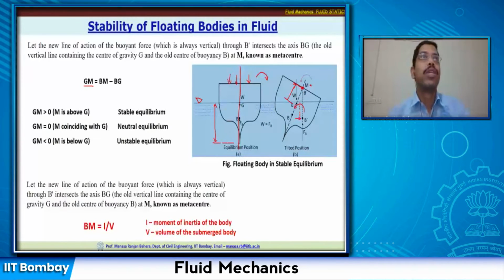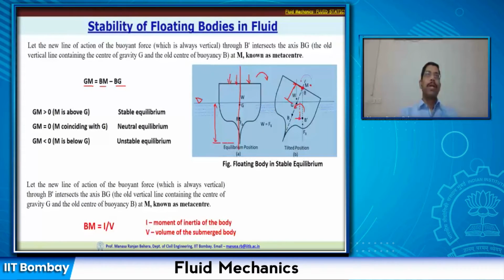Now, BM minus BG, if we can calculate, will give us the value of GM. We can calculate the value of BM, and we know the distance between these two, that is BG. Once we calculate these two values, we can calculate GM. So now BG is known. How do we calculate BM?